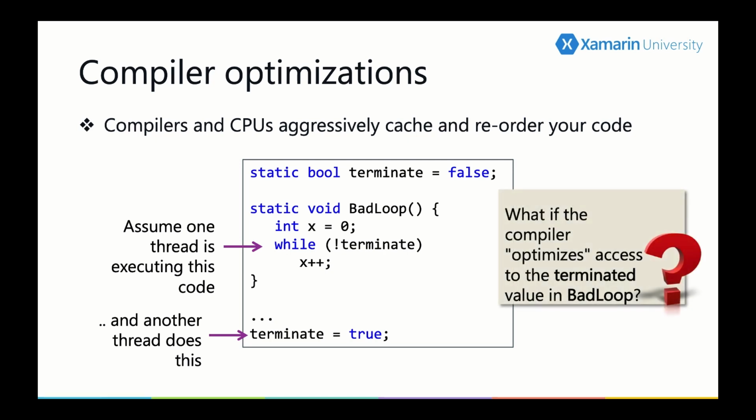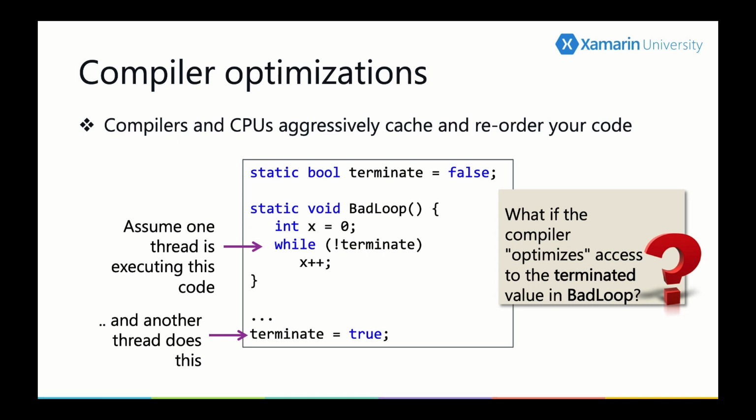But what if the compiler is trying to be smart and it wants to optimize access to this terminate flag? Believe it or not, this is really what is happening here. The compiler looks at that code and sees that, okay, I've got a while loop here and the condition is false.